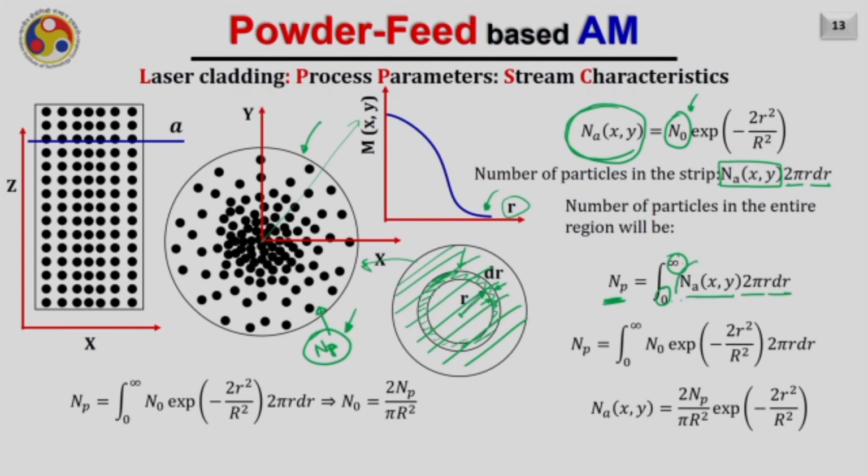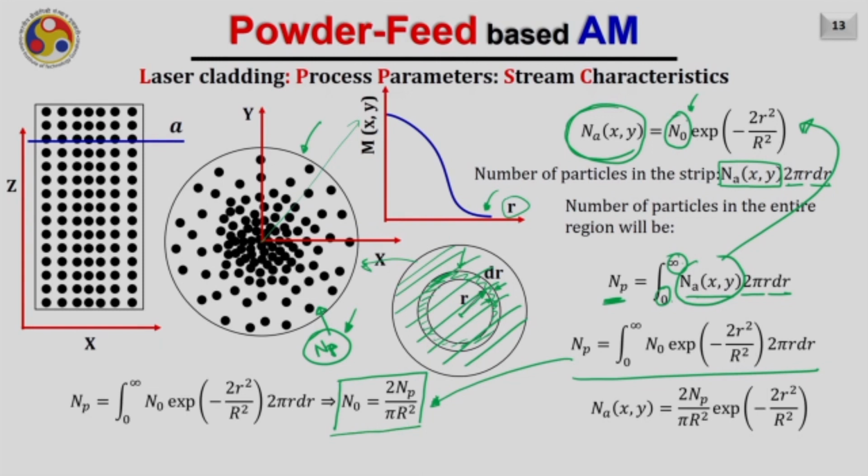Let me now replace this N(x,y) by the expression which we have derived earlier, and I will have this equation. Further, after solving this equation here, I can obtain n naught equals 2Np divided by pi R square.